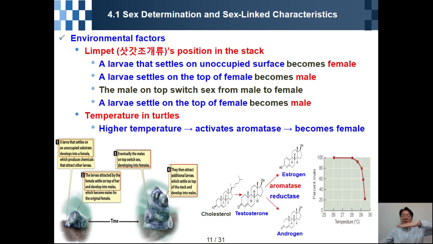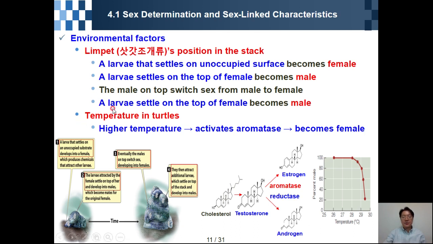After that, the male on top switches sex from male to female. So it means that the first two will become female. They will also attract another larva, which settles on top of the female and becomes male. So it means that position plays a very important role in limpet sex determination.